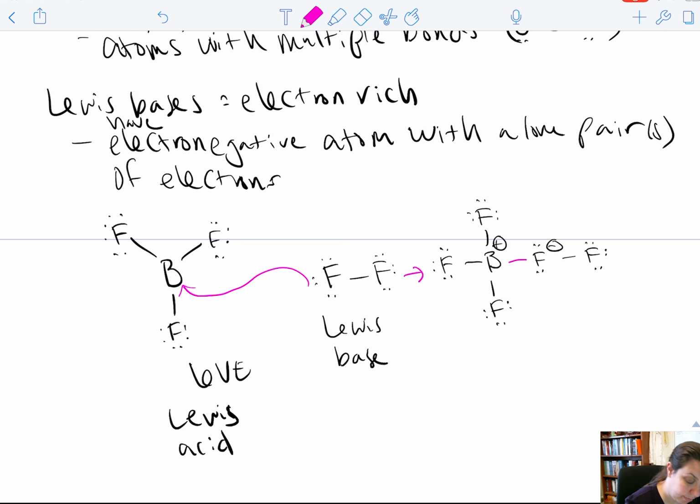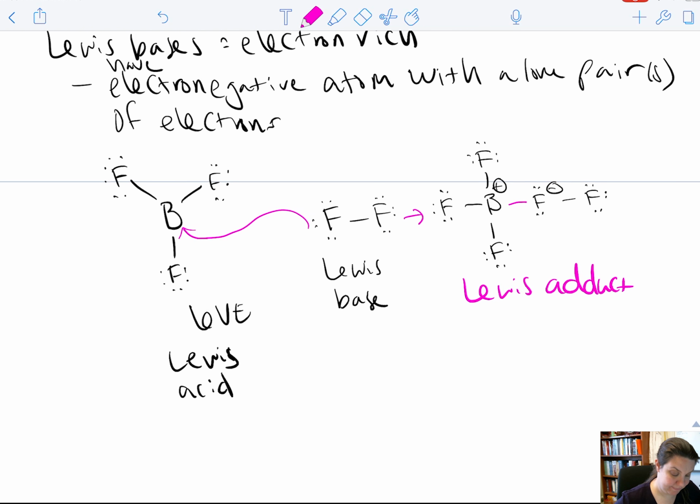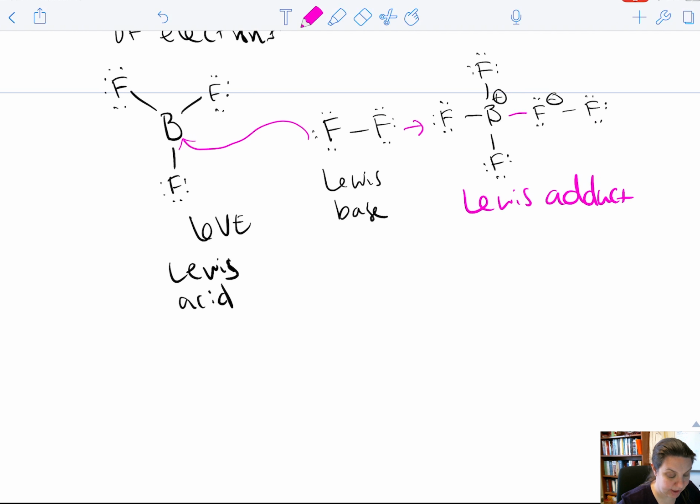And we get this substance, which is called a Lewis adduct. Okay? We'll look at that more in class.